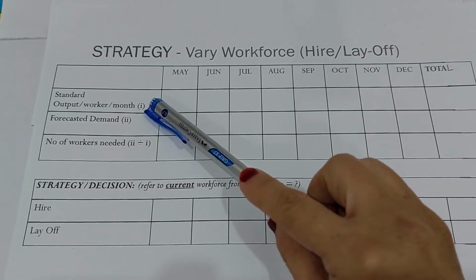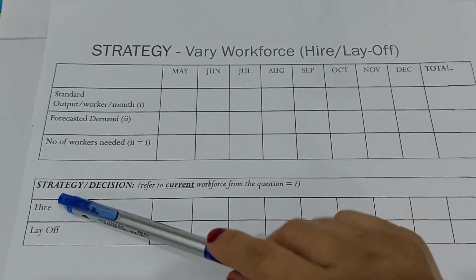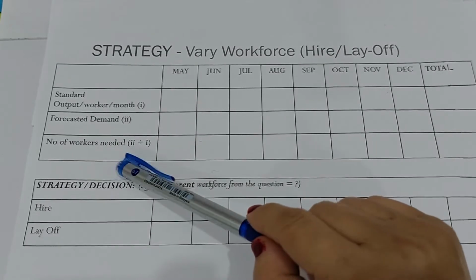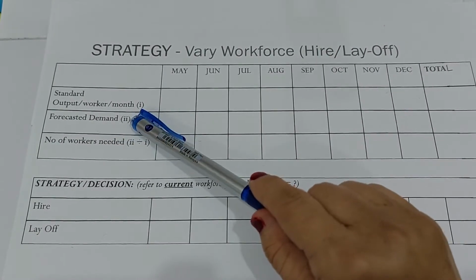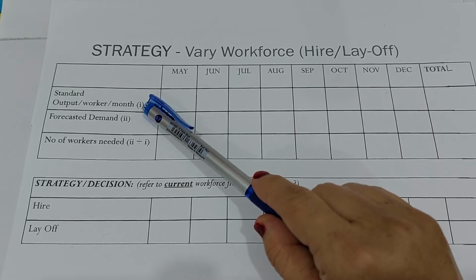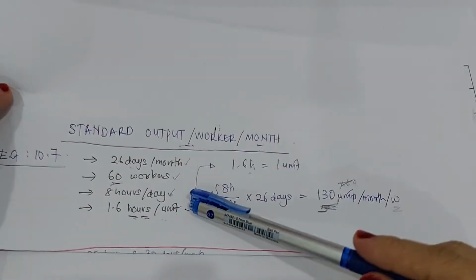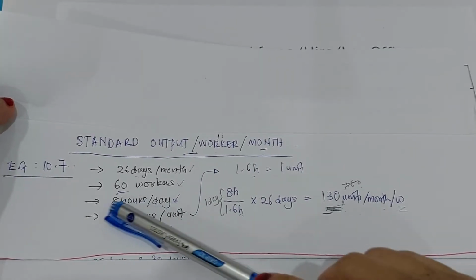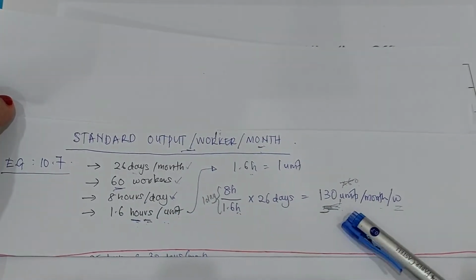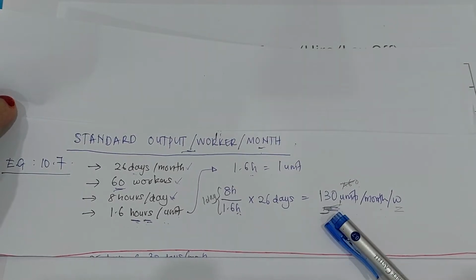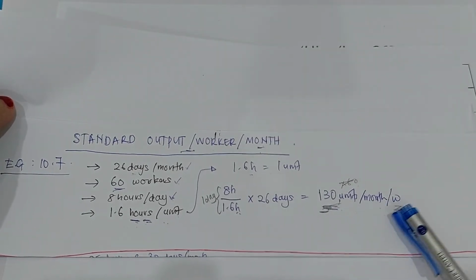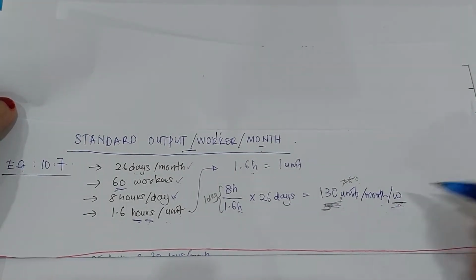I have also included the equation here. I label these as item 1, 2 in Roman numerals, and how to determine the number of workers needed is you take forecasted demand divided by the standard output per worker. Standard output per worker we have calculated earlier. I have showed you how to calculate the standard output for example 10.7, and we got 130 units per month per worker. This is the most important thing.